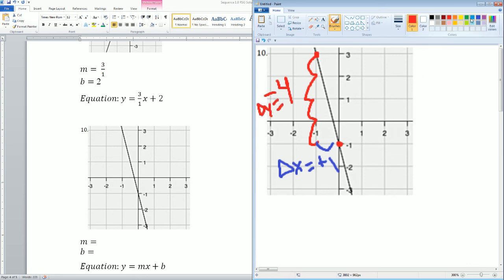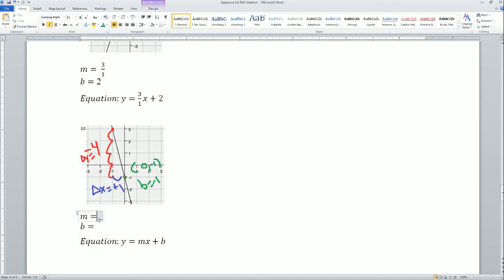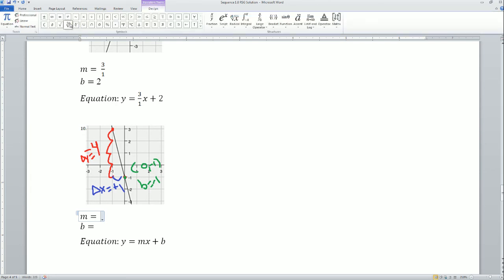Alright, let's look at the y-intercept now. The y-intercept here is at this dot, which is going to be 0, negative 1. So the b value here is going to be equal to negative 1. Okay, there you go. I'm going to grab that image so we can use that. What is the slope here? It is 1/2.